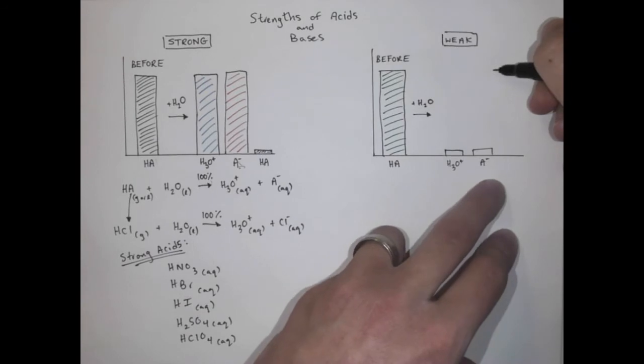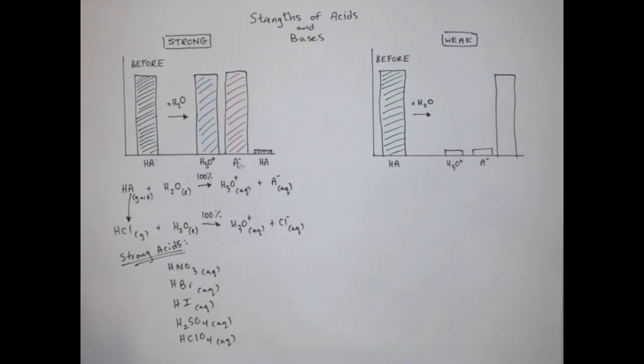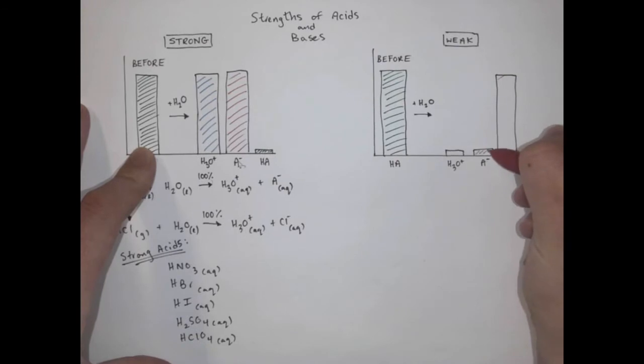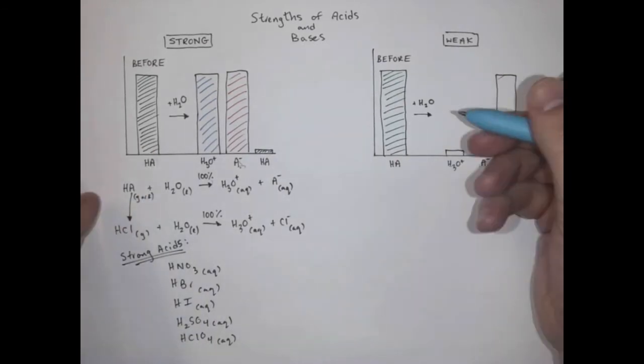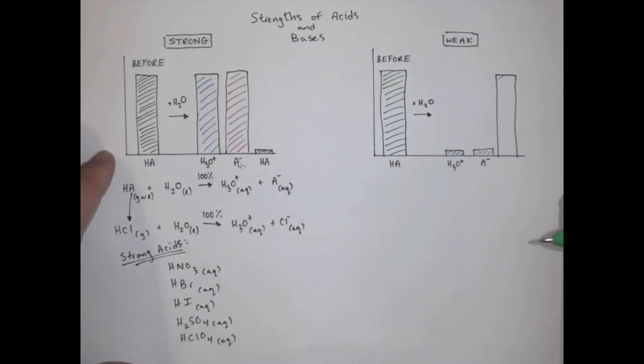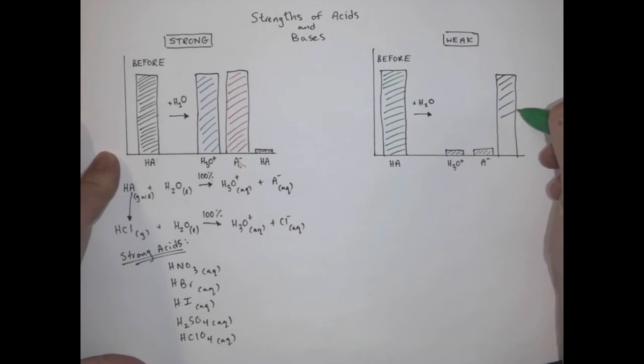We get what's called a partial ionization. Maybe only 1% of these acid molecules will actually give up their proton and form hydronium ions.